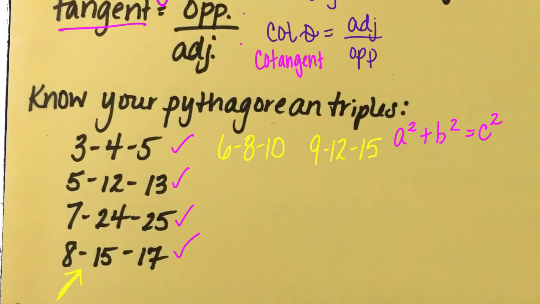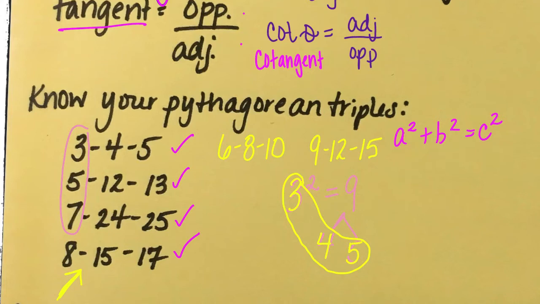And here's why. I have these fancy little tricks for you. If I take any odd number, 3, 5, 7, 9, 11, let's just do 3. If I square 3, I get 9. If I split 9 the best I could, without going into decimals, I would have 4 and 5, right? So I know that a 3, 4, 5 is a perfect Pythagorean triple.